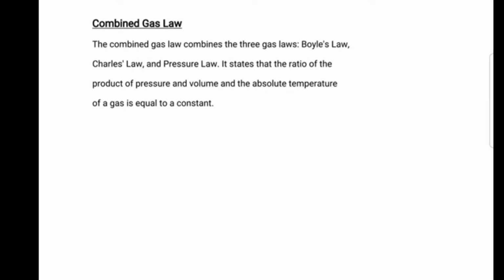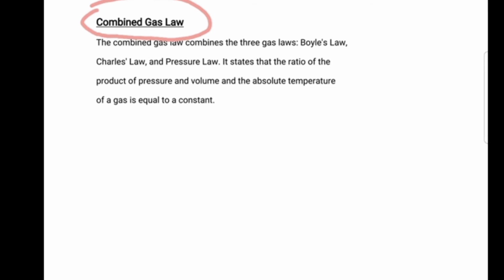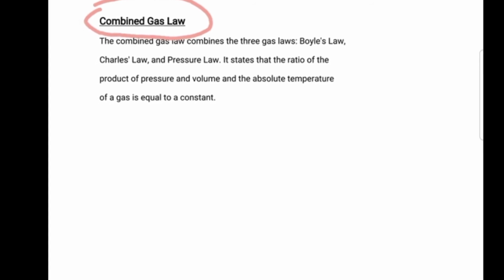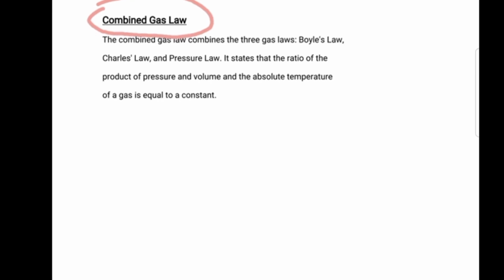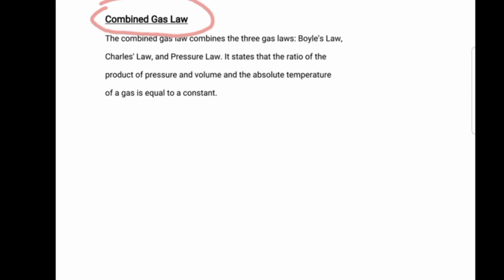After the ideal gas law, we have the combined gas law. It combines three different gas laws, which are Boyle's law, Charles' law, and pressure law. It's the ratio of pressure times volume to the absolute temperature of a gas, which is equal to a constant.